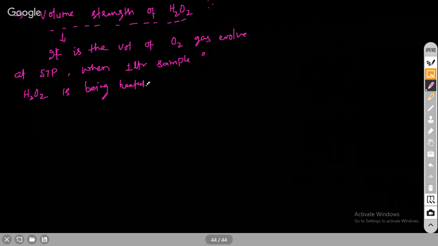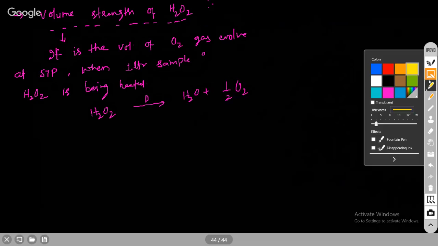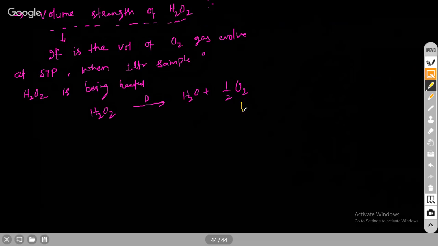If you heat 1 liter of sample of H2O2, it forms H2O and half O2. So what is the volume of O2 evolved at STP? That is the volume strength of H2O2.